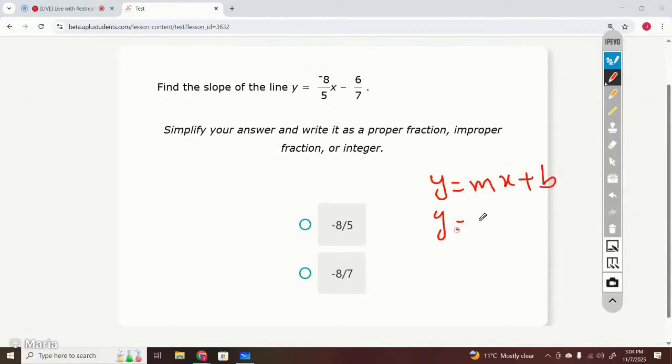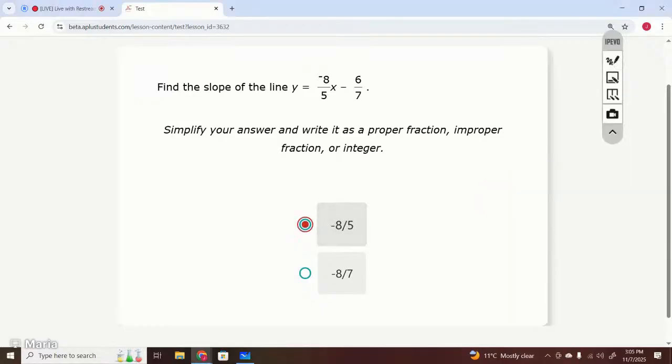Just compare both the equations. y equals negative 8 over 5x minus 6 by 7. So m is equal to negative 8 over 5. The correct option is m equals negative 8 by 5. Option number 1 is the correct option.